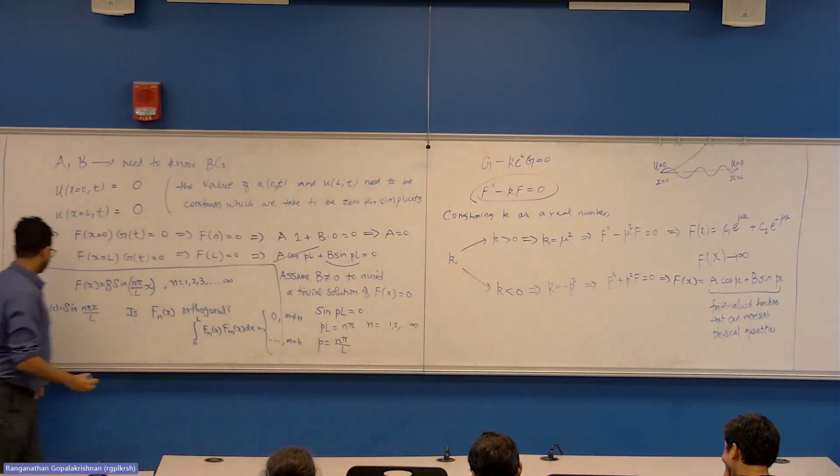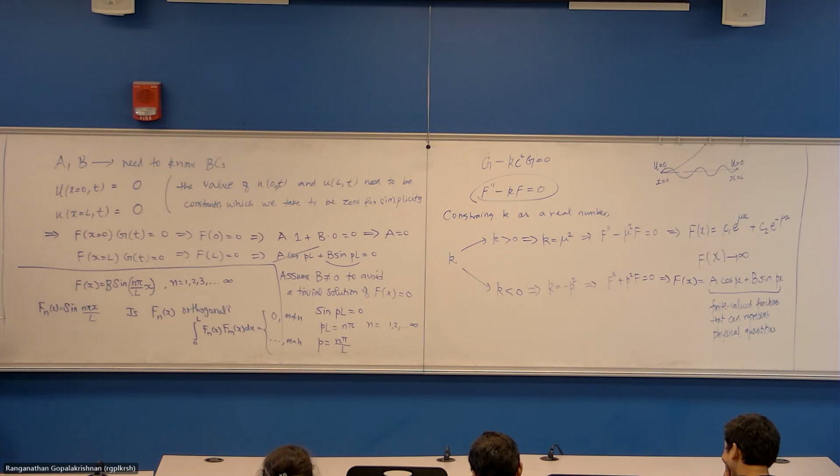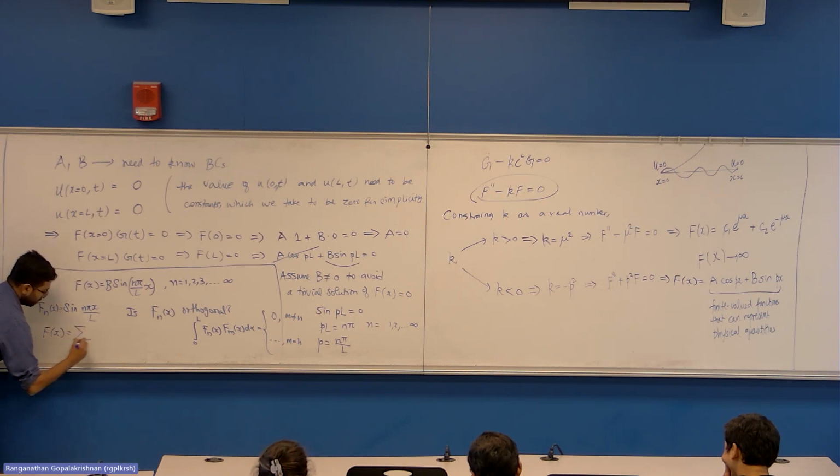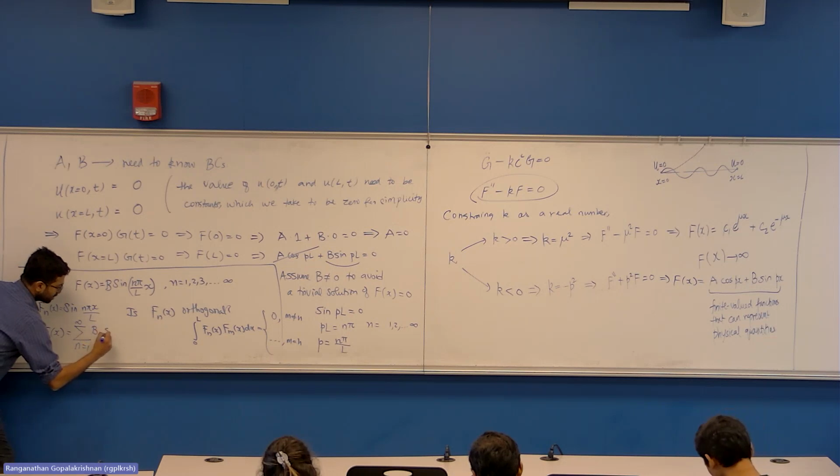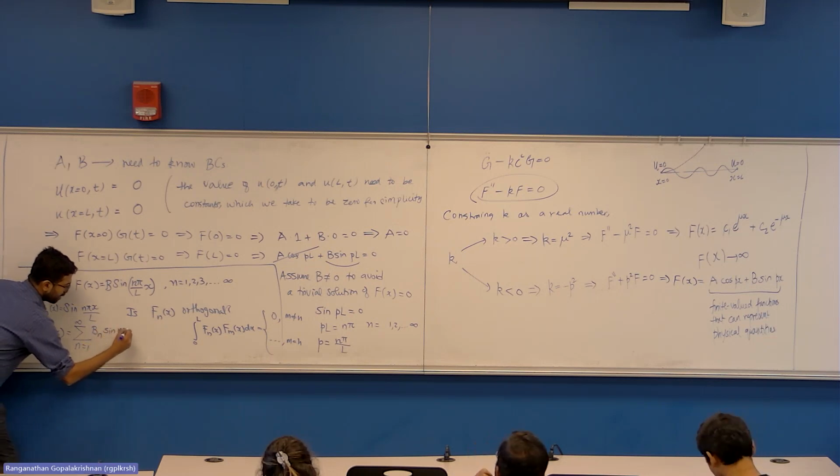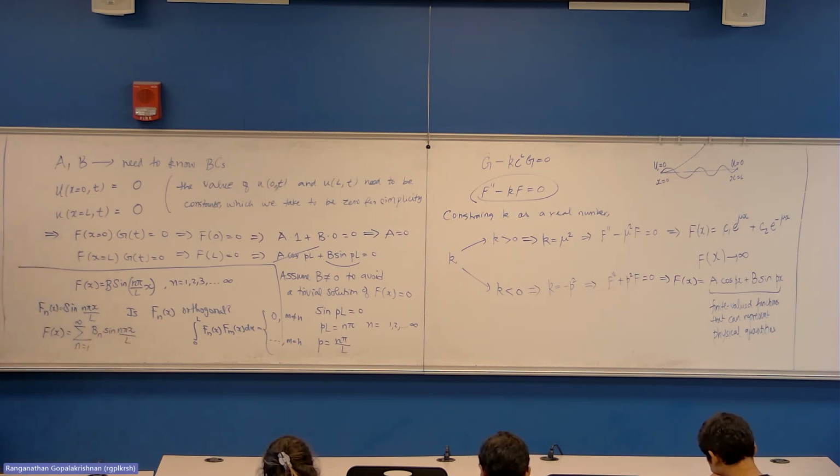So you could write the function f of x as the summation n equals 1 to infinity Bn times sine n pi x over L, where Bn is the corresponding amplitude for each value of n.